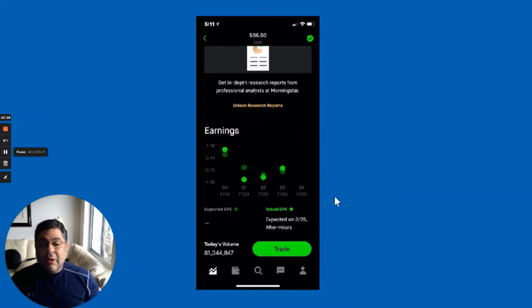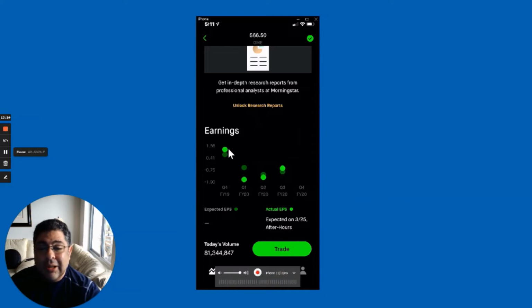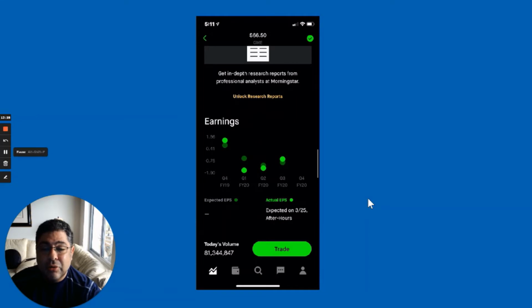Here are the earnings. So basically what you have is expected earnings per share and the actual earnings per share. And you can look at, most of the time they usually have higher actual than the expected, which is what you always want to see. Okay, this is on a fiscal year basis.